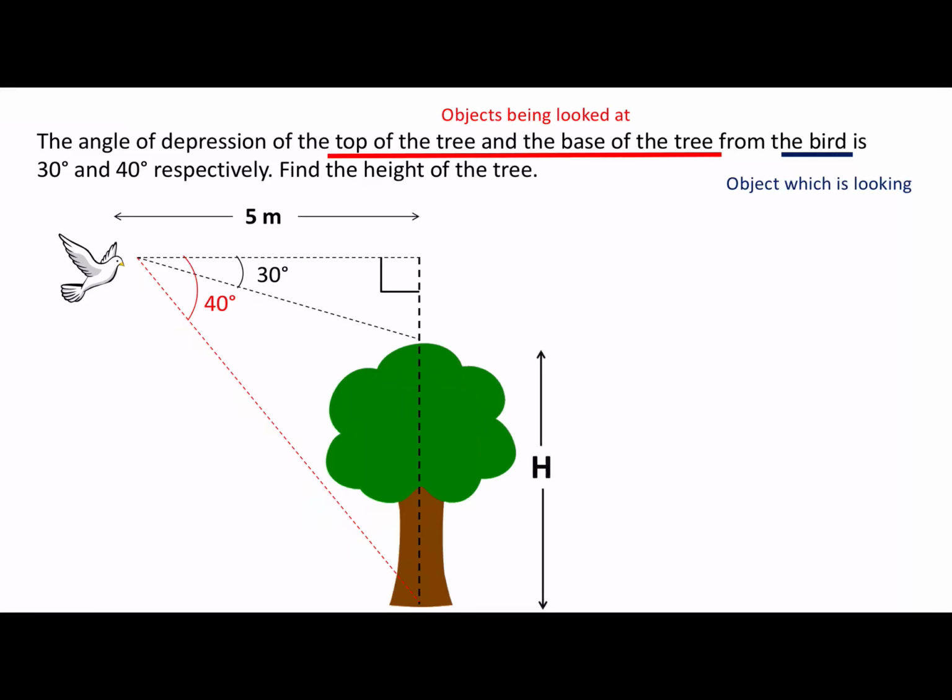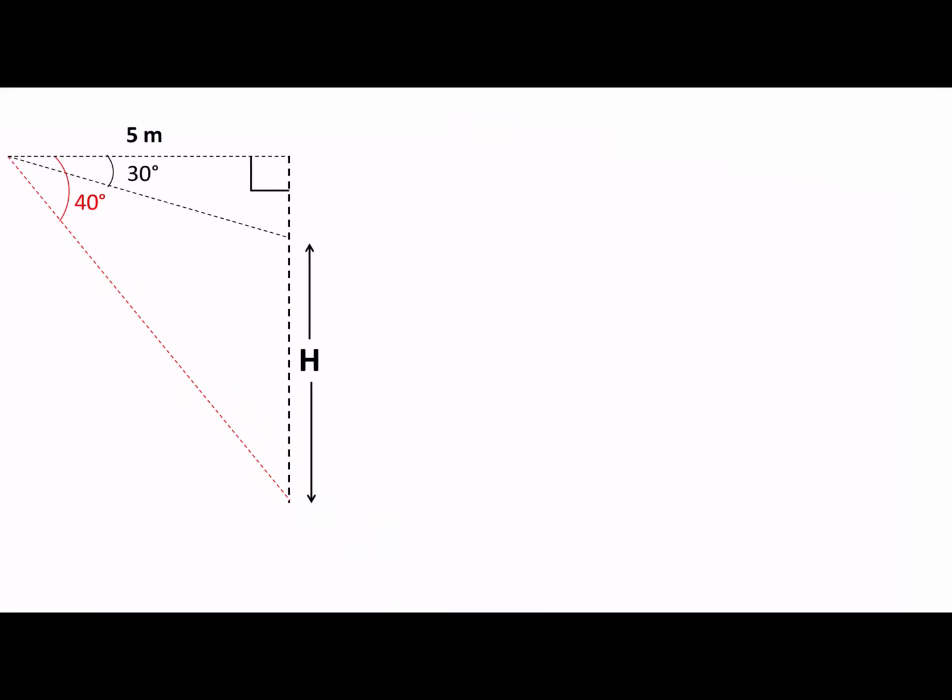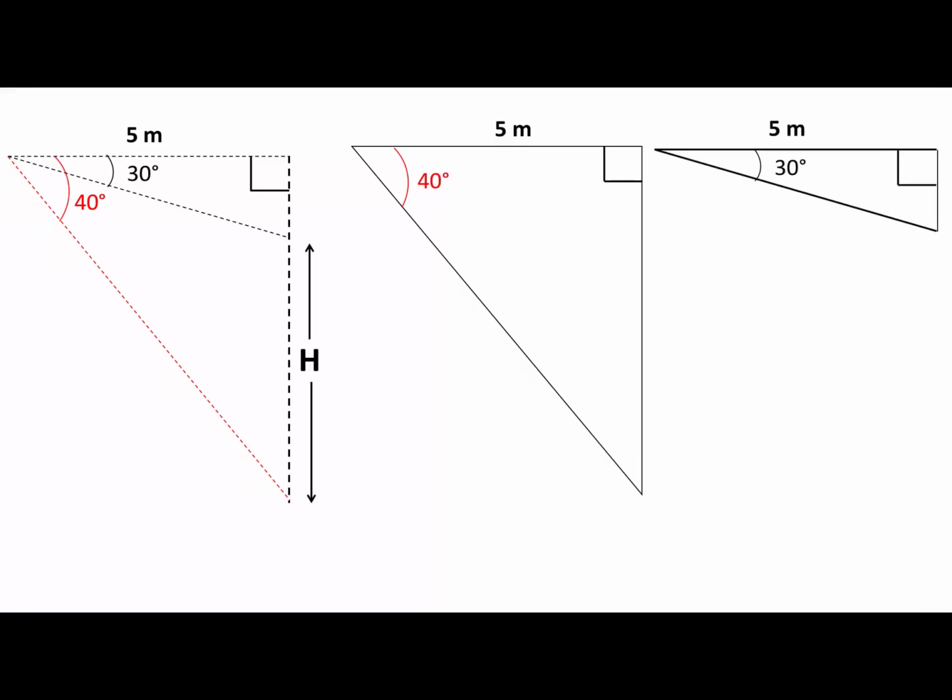We are interested in finding the height of the tree. So this is a diagram, and try to recall what we did in the previous video. We break up this triangle into two smaller right angle triangles. So observe carefully. This can be split into the big right angle triangle and the smaller right angle triangle.